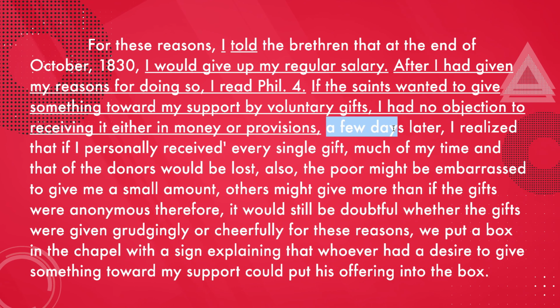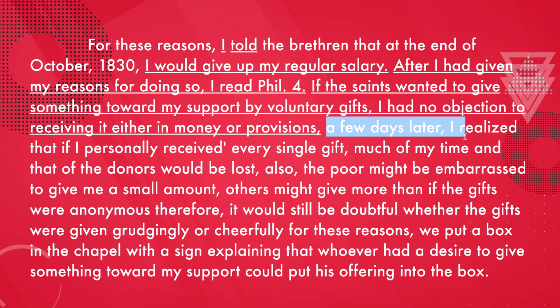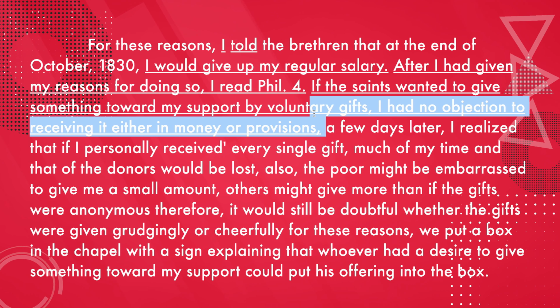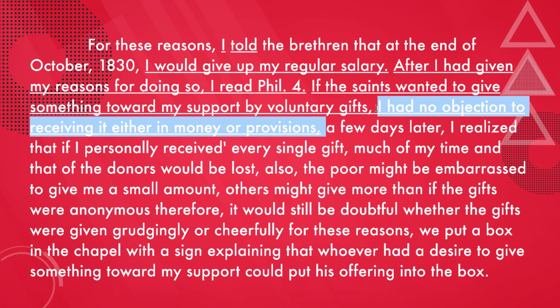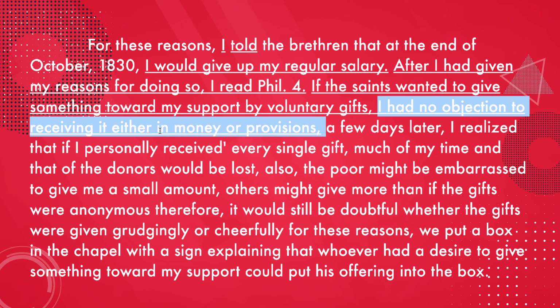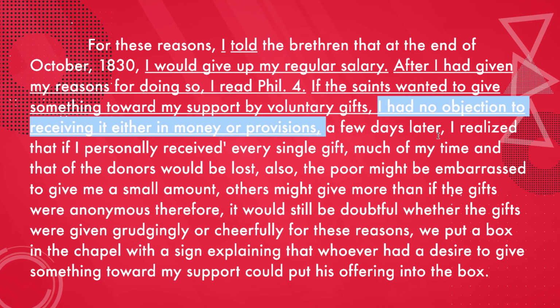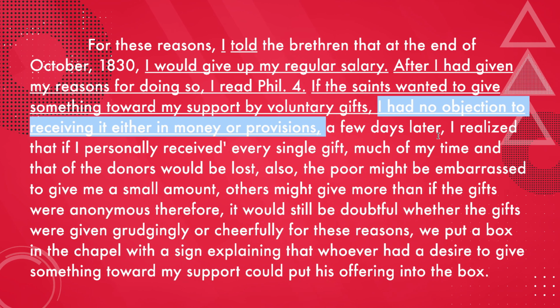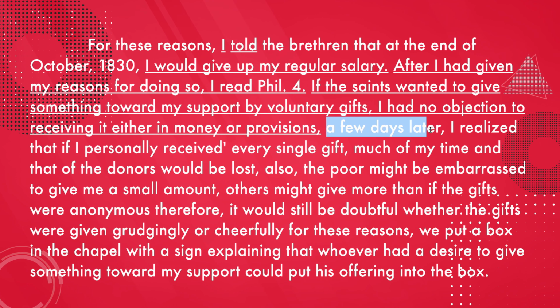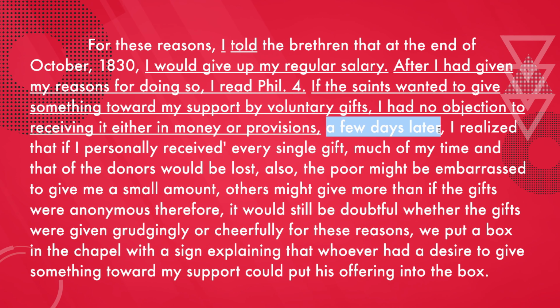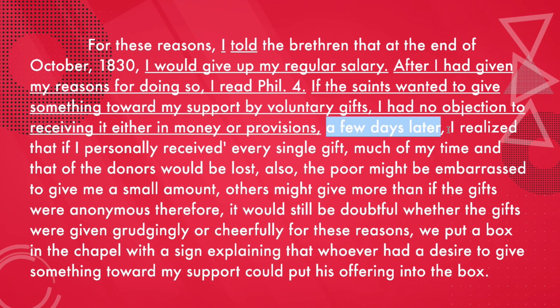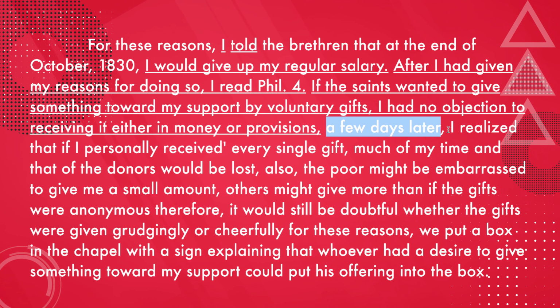But is the next clause connected to the previous clauses? Let's see. I had no objection to receiving it either in money or provisions a few days later. What? It doesn't make sense, right? It doesn't make sense. So it seems that if we read on, this is connected to the next clauses.